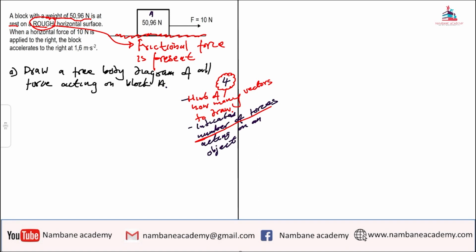Because we agreed I cannot work with Newton's laws if I'm unable to draw a free body diagram. In an exam, the easiest thing will be state Newton's second law, state Newton's first law, but I'm interested in drawing the free body diagram. Bullying, what is a free body diagram? It is a diagram that indicates all forces acting on an object.